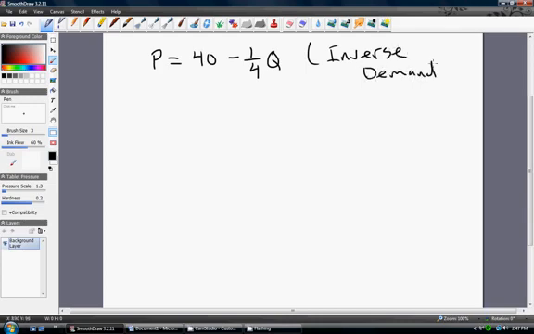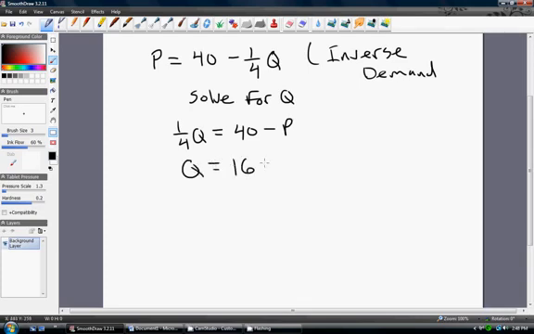So if you're presented with an inverse demand, the easiest thing to do is to turn it back into a normal demand equation. Solve this equation for Q. Okay, so go ahead and isolate Q by itself, and you'll get something like this.